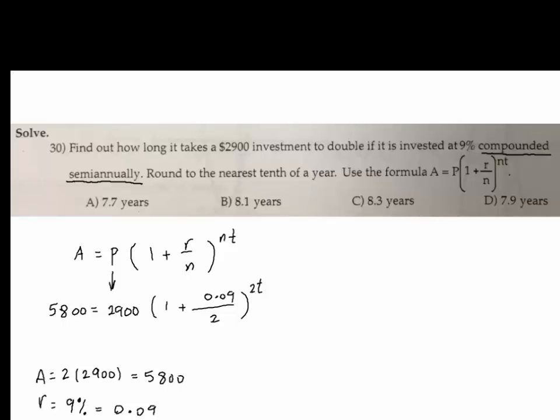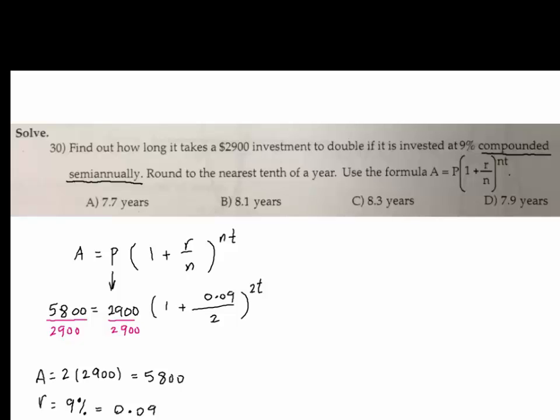Divide both sides by 2,900. Okay, so what do we get on the left-hand side of the equation then? 2. We just get 2, very good.